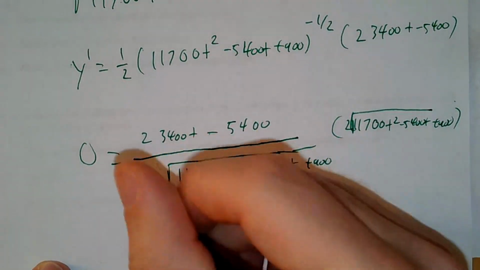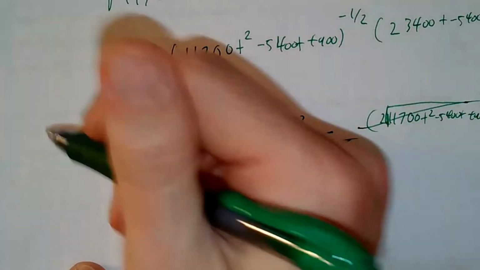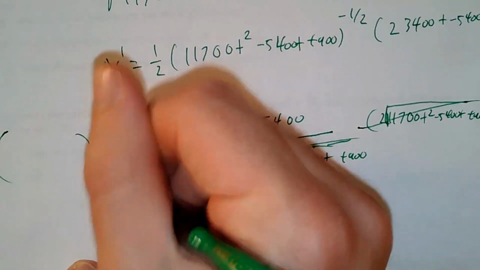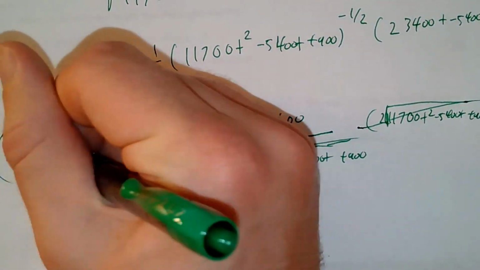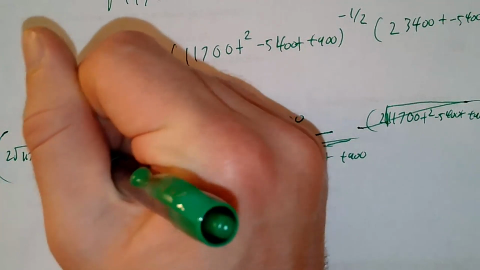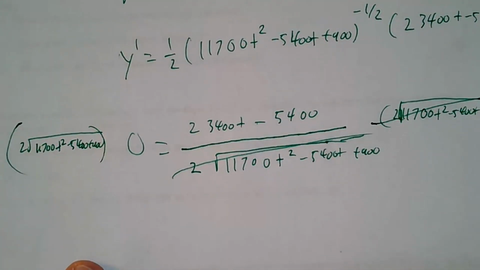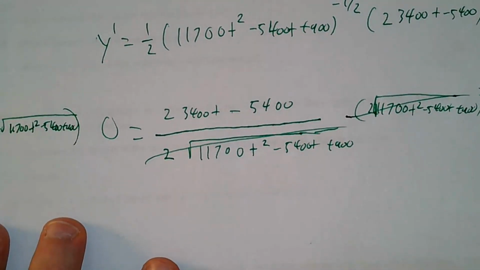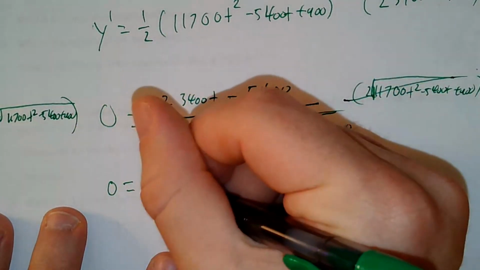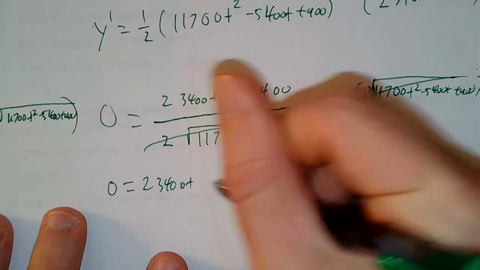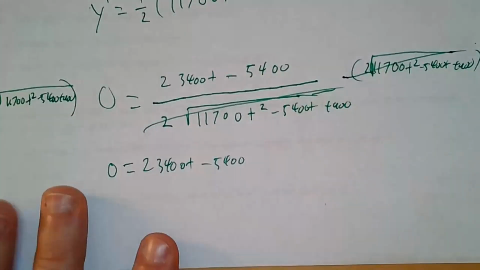I'm multiplying so that these cancel, and I'm doing the same on this side, so that just becomes 0. So I'm allowed to do that. All I'm now left with is 0 equals 23,400 t minus 5,400.